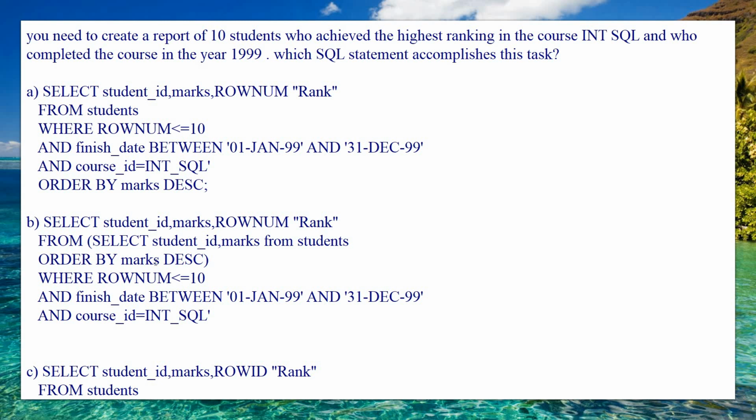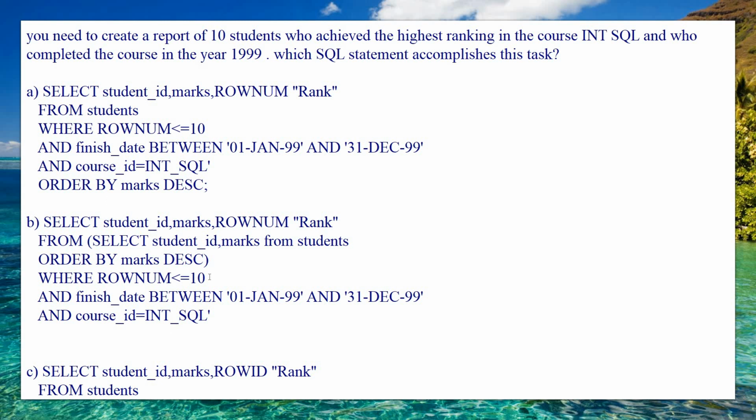Then first you will order the marks in descending order, so row number should be rank, and you're going to display the highest marks in descending order. And then where row number should be less than equal to 10 and finish date should be between 1st Jan 1999 to December 31 1999, and the course ID is equal to int underscore SQL.